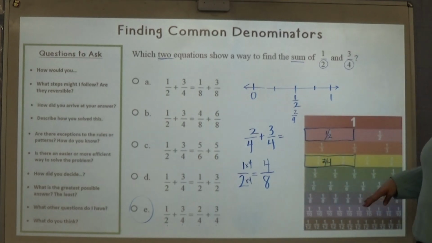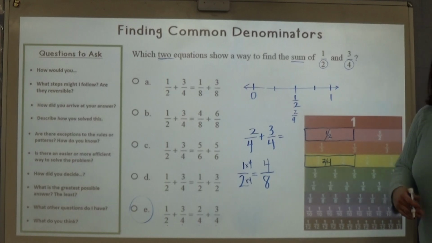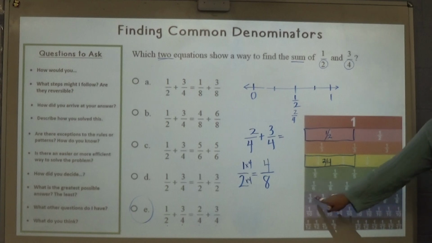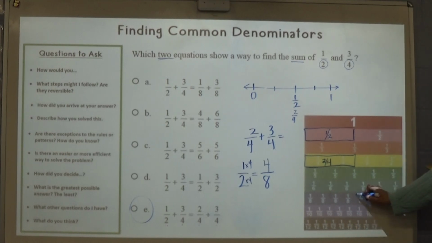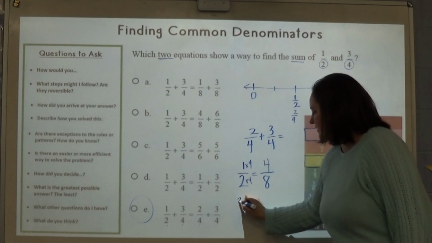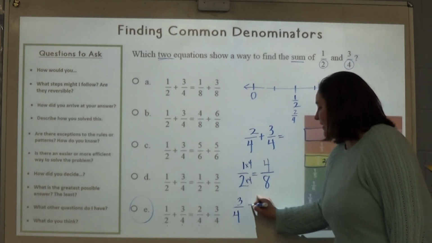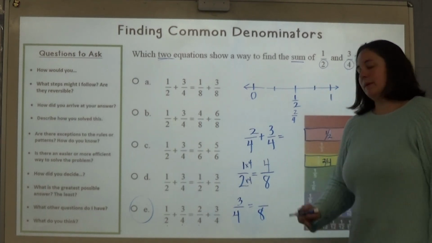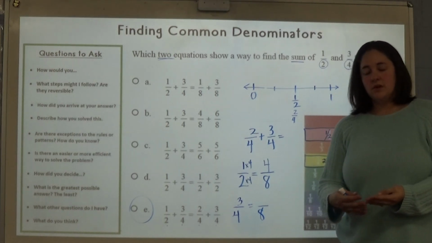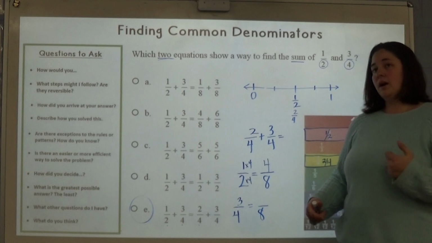And we can actually prove that with our fraction bars, or fraction strips. Here we have eighths. 1/8, 2/8, 3/8, 4/8 is also equal to 1/2. Now let's go ahead and look at the 3/4 fraction. And we can make that into eighths. Remember we talked about if we skip count by 4s, we can get to 8. 4, 8.